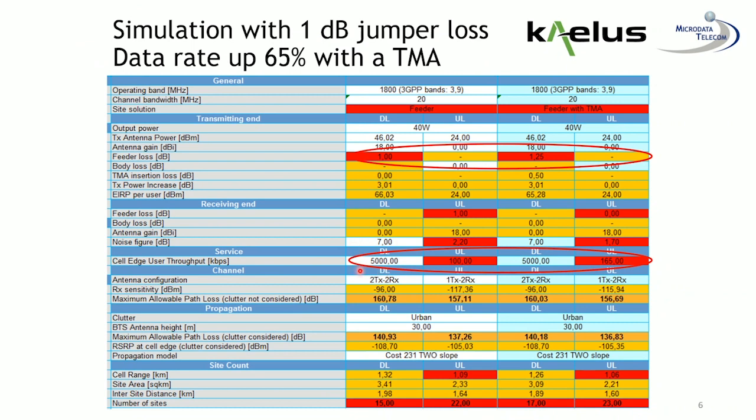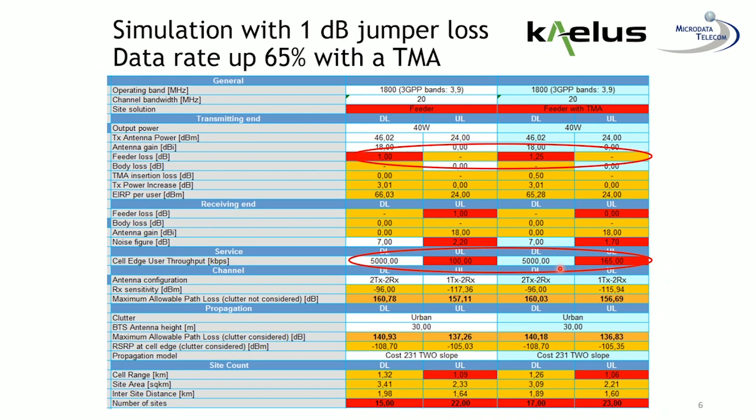In the no TMA situation, we still have 5 meg and 100 kilobits in uplink. And that gives us, with a slightly different environment here, 161 dB roughly for the downlink to achieve 5 meg and 157 dB maximum path loss to provide 100 kilobits.